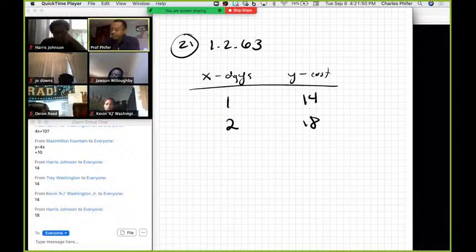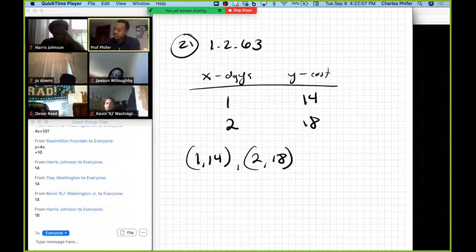So what this does, we can find the equation of the line through the ordered pairs, right? The first ordered pair is (1, 14), and then (2, 18). This is the second ordered pair. Okay, so let's start off by finding the slope.